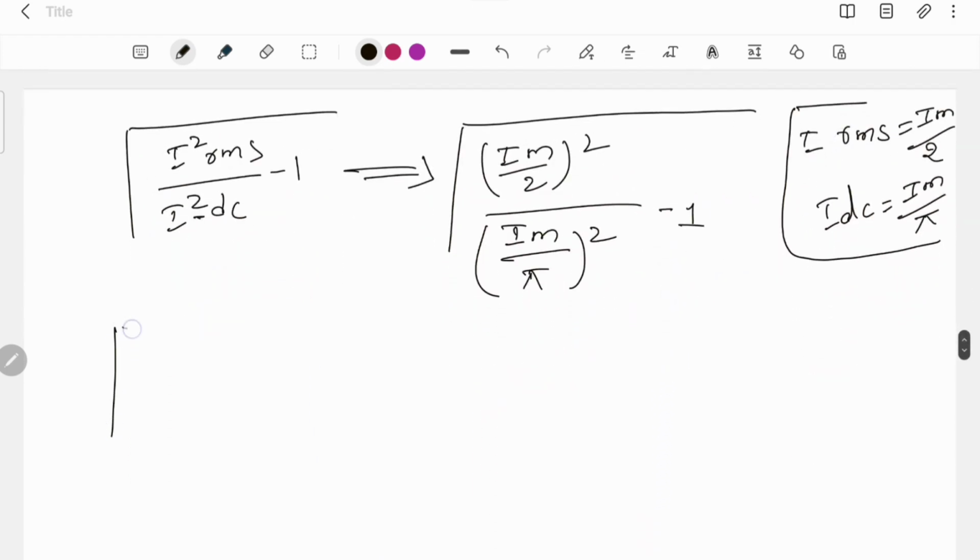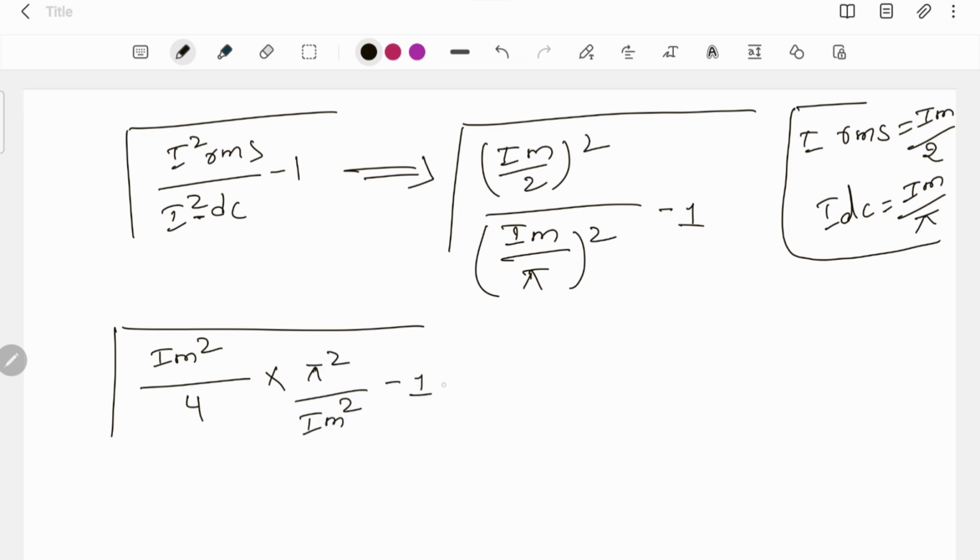So now root of Im square, 2 square is 4, into pi square by Im square, minus 1. See here Im square and Im square will get cancelled, and what remains? Root of pi square by 4 minus 1.